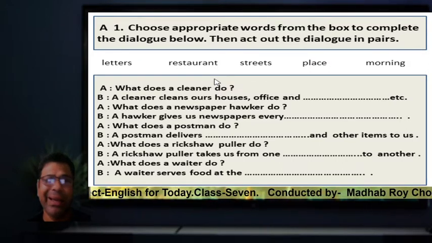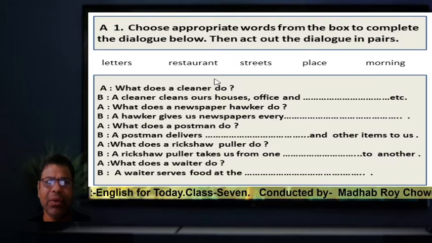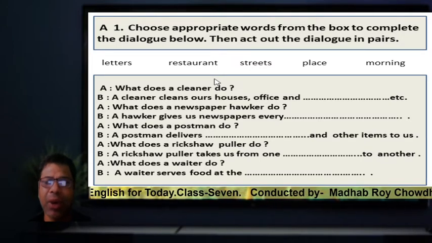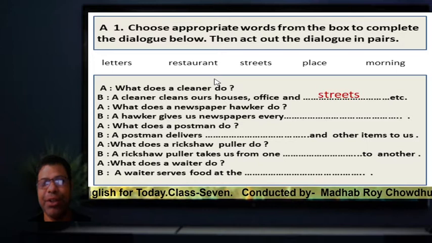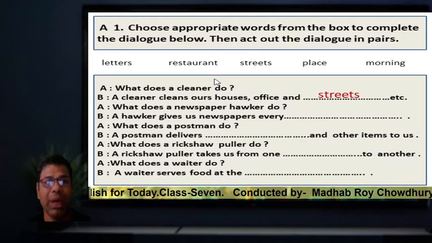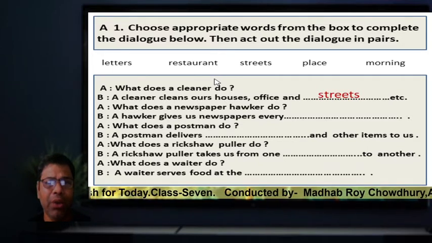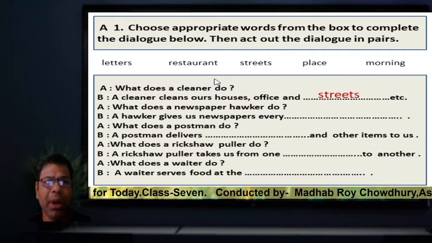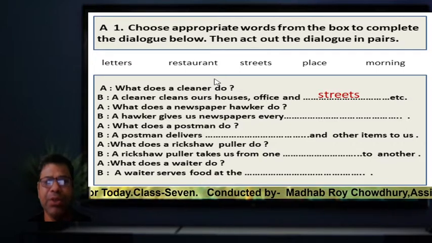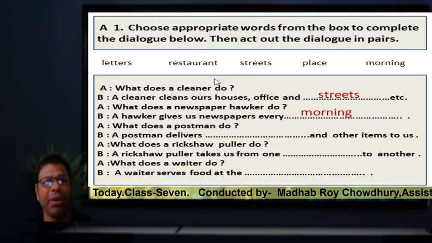What does a cleaner do? A cleaner cleans our houses, offices, and what? And streets. Good. Now, what does a newspaper hawker do? A hawker gives us newspapers every morning. What does a postman do?